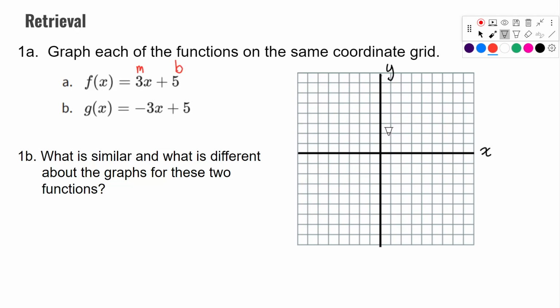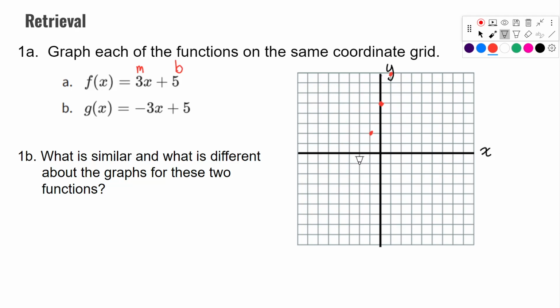And when you graph from slope-intercept form, you start by plotting the y-intercept and then applying your slope. So I've plotted my y-intercept at 5, and I'm going to go up 3, right 1, and I've already run out of graph. So I'm going to go back to my y-intercept, and I'm going to go the opposite direction, down 3 and right 1.